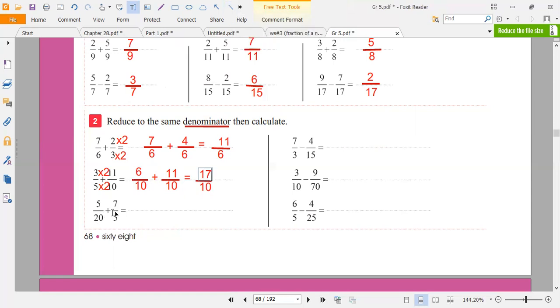5/20 plus 7/5. We can note that 20 is a multiple of 5, so we multiply this fraction by 4. We have to think first if we can simplify, but in this exercise we cannot simplify.